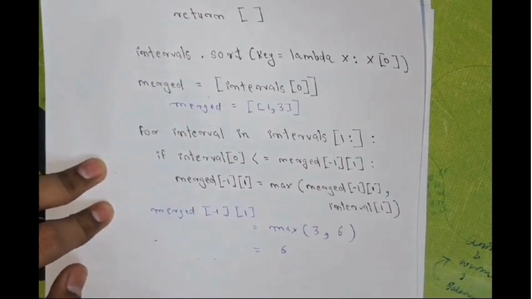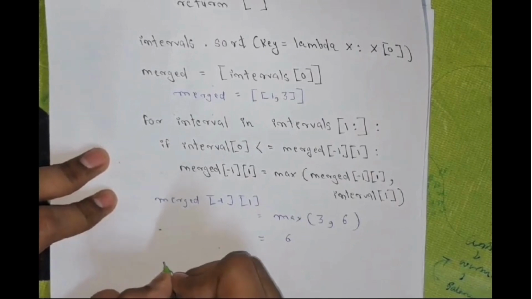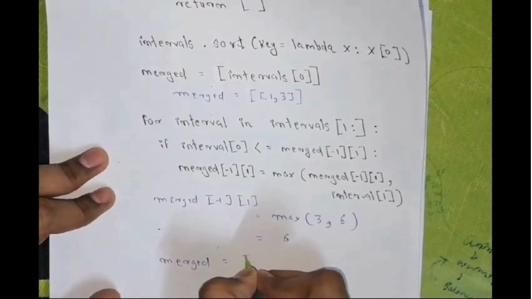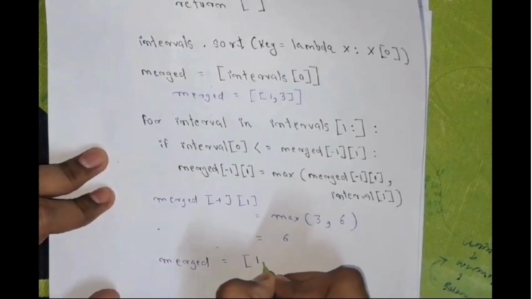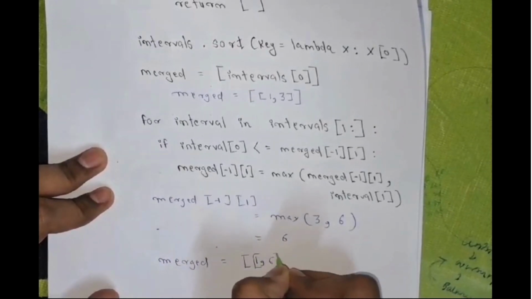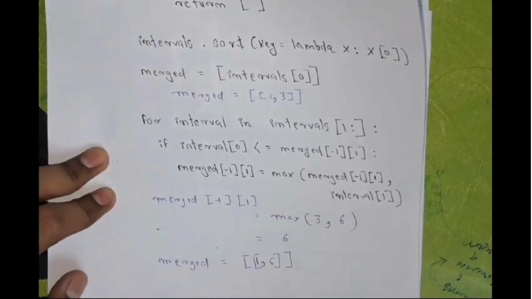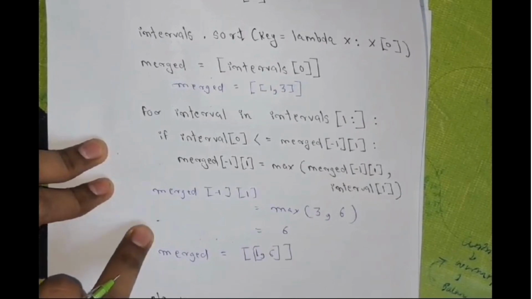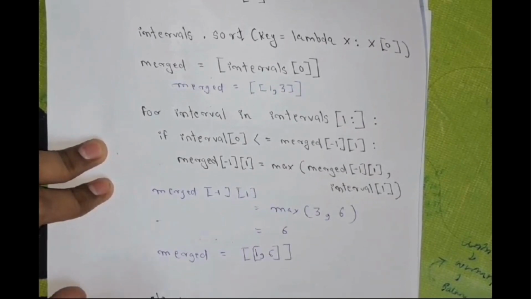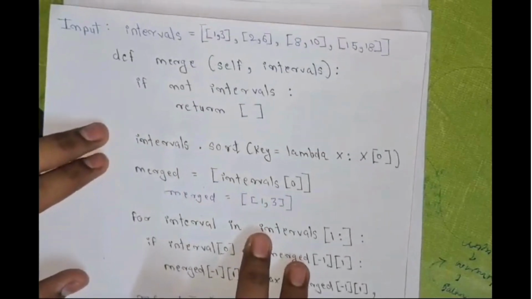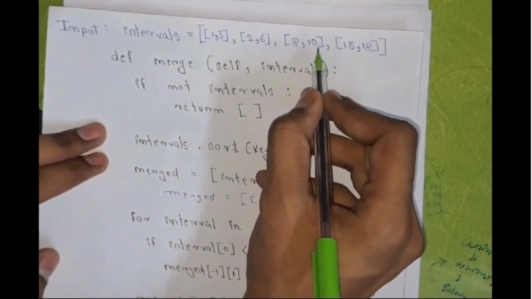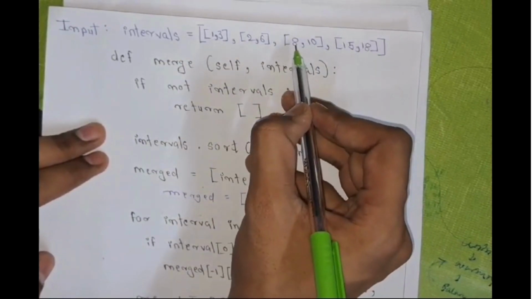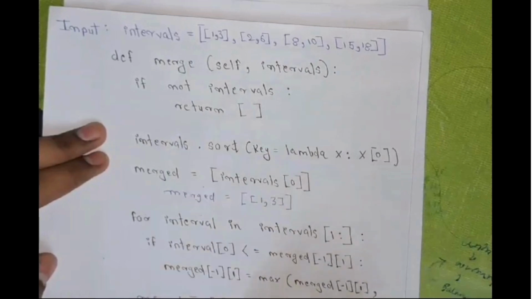So our updated merged array will become [[1,6]]. The else statement tells us that if the above condition isn't satisfied, then we will simply append the given interval. The next subinterval is 8 comma 10. As 8 is not less than 6, we will simply append 8 comma 10 to the merged array.